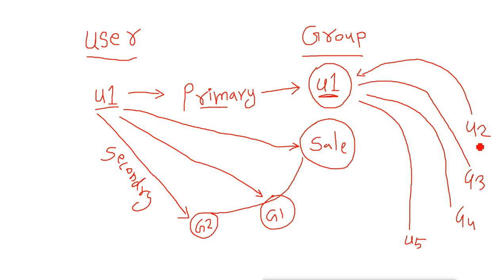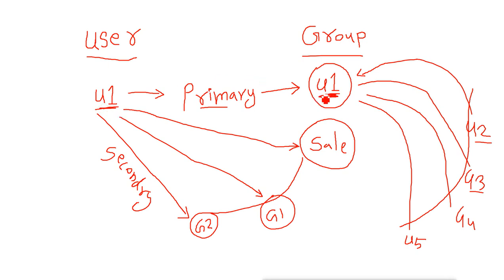Now these users can have their own primary groups. All these members are also members of the same group, but right now only this user has it as the primary group. But we can make it the primary group for all the other users also, because it is just a group, just like it is the primary group of this user.